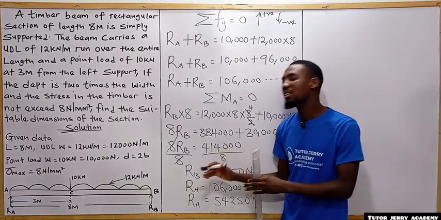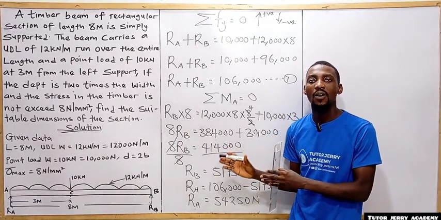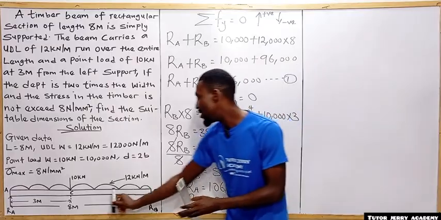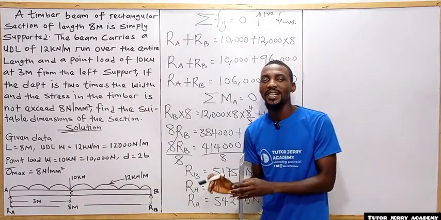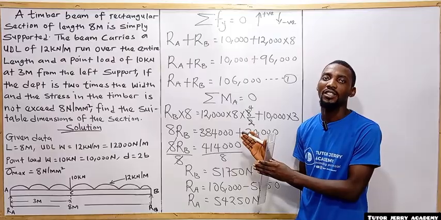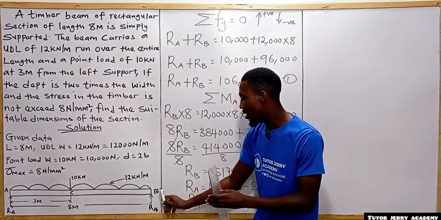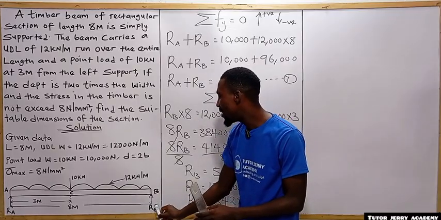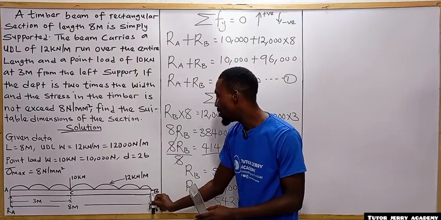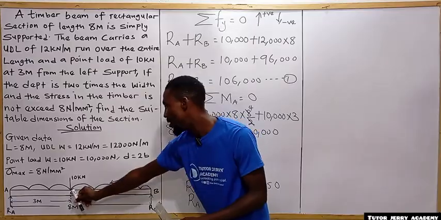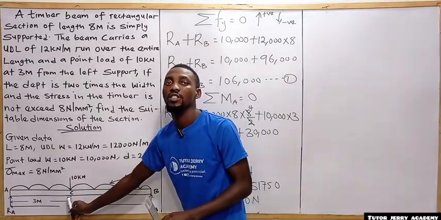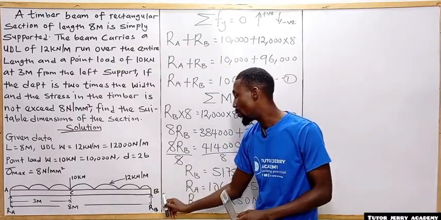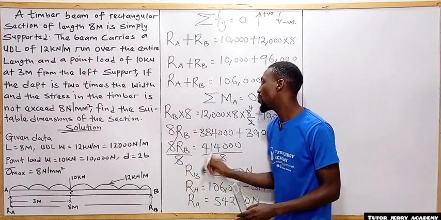The shear force calculation is going to help us know the section where our bending moment is going to be maximum, maybe at this point or at this point, because any point where our shear force is changing sign, let's assume we have a positive shear force here and a negative shear force here, it means there's a possibility that our shear force is going to be 0 between points B and C. Let's assume that this one is positive, and if this point is also positive, it means that our shear force is not going to be 0 along this section, because we are having the same sign here.